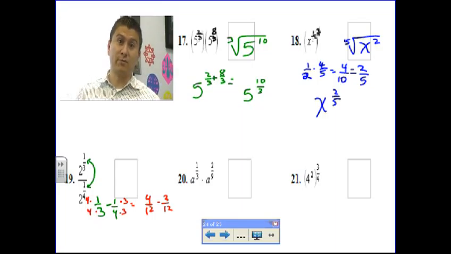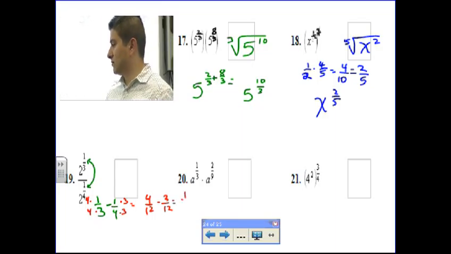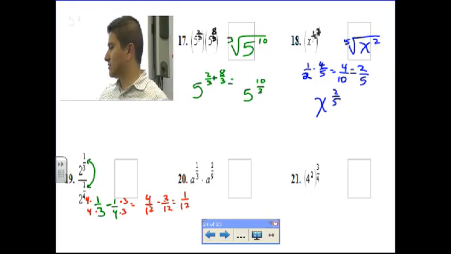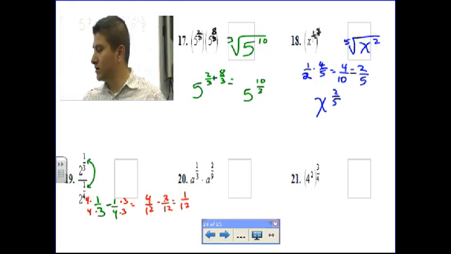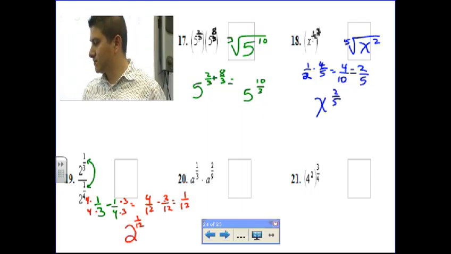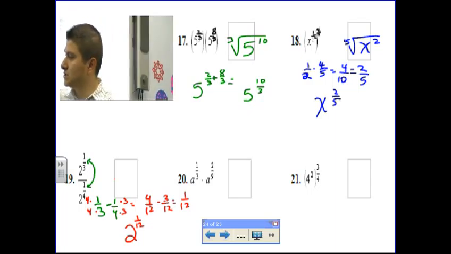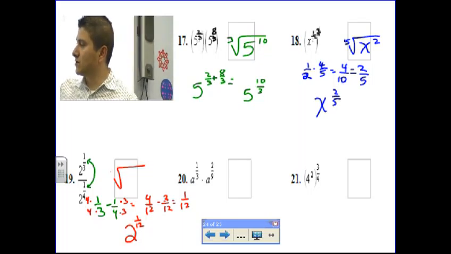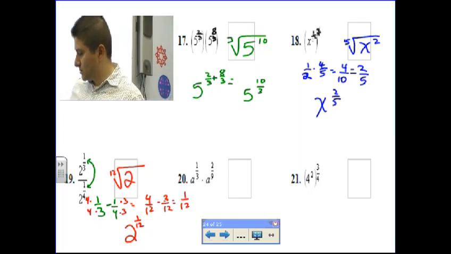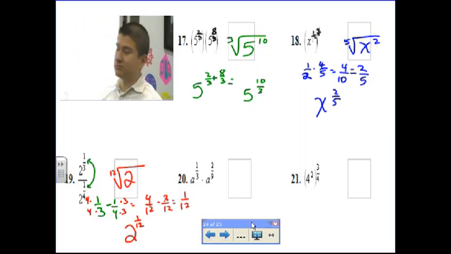Then I can subtract them. 4 minus 3 is 1. 1/12. So then I end up with 2 to the 1/12 power. That's not my final answer because I need to change it back to radical form. That means I need to do a root. 12 goes on the outside. And then 2, I don't have to write the 1 power. Just leave it like that.